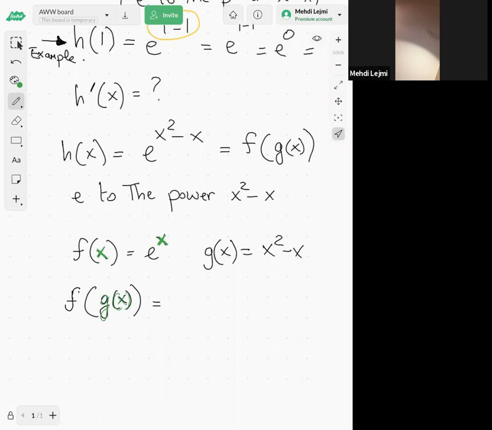Then that will be e to the power g of x. Instead of x, we substitute g of x. So that's e to the power x squared minus x, and that's exactly my function h. All right.